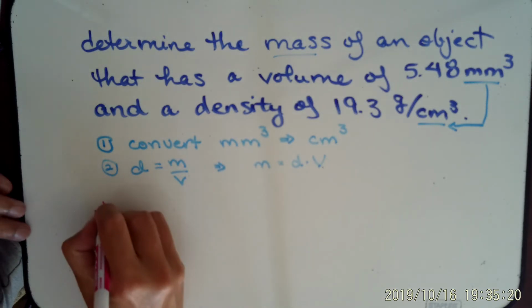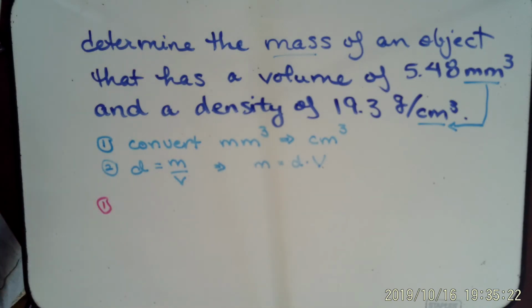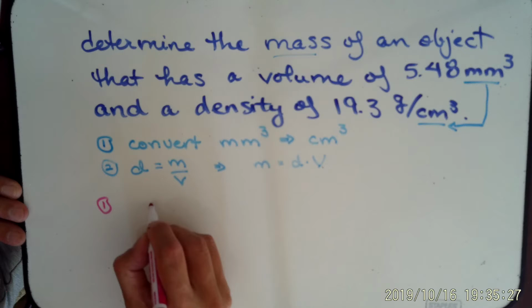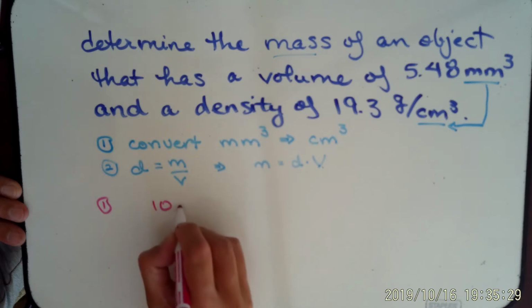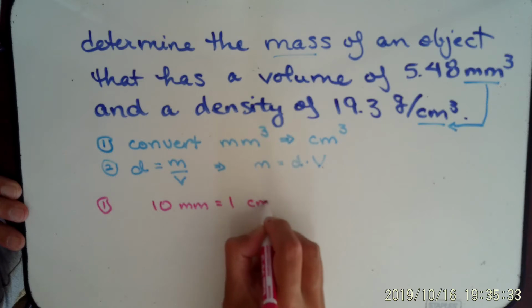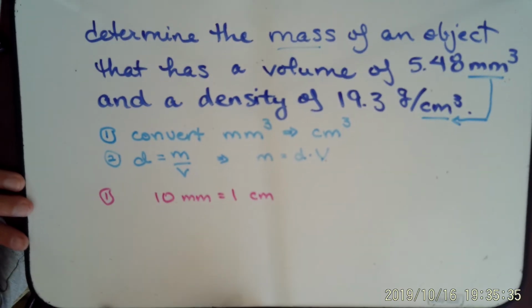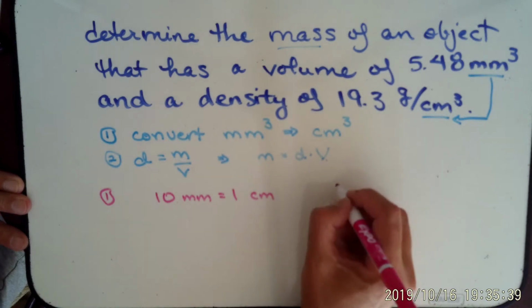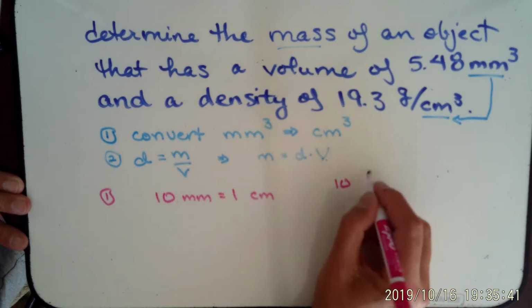If we look, it's 10 millimeters is equal to 1 centimeter. Alright, so how do we get that? Well, let's go through our base.